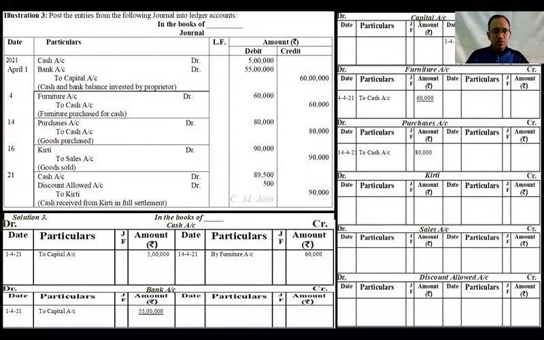And in cash account, since cash account is being credited in this entry, in cash account, we will write on the credit side by purchases account, 80,000, 14th April.